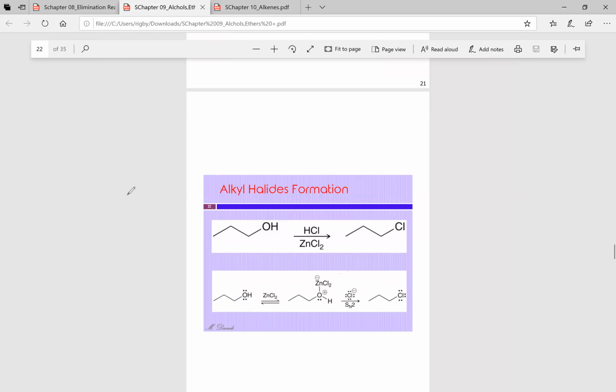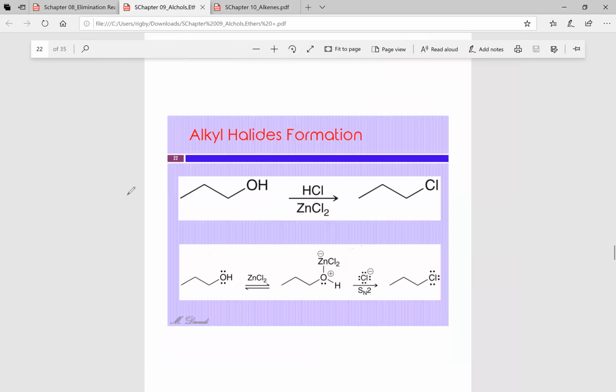There are also certain special reactants that will do the replacement. So sometimes you'll see HCl on its own, or you'll see ZnCl2 in order to do the reaction. This diagram is kind of confusing, but you could use HCl or you can use zinc chloride to make this chlorine alkyl halide.